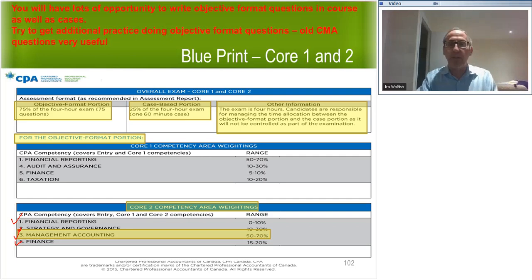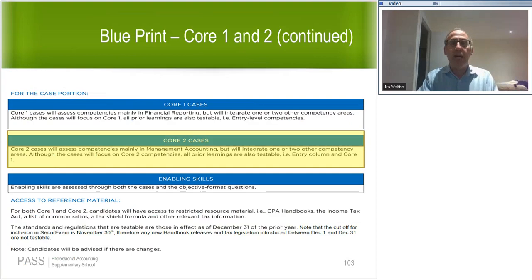Now, another thing I'd like to talk about is the case portion of the exam. We said a moment ago that the case is 1 hour long, and what are they going to assess in the Core 2 cases? Core 2 cases will assess competencies mainly in management accounting. So the main emphasis of that 1 hour case on your exam will be management accounting, but it will integrate 1 or 2 other competency areas.